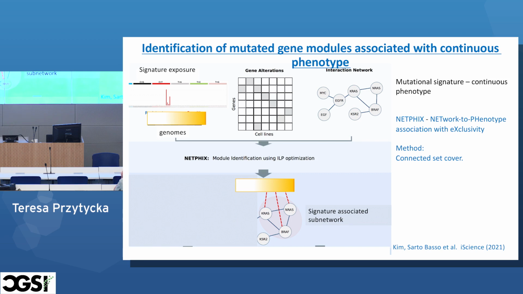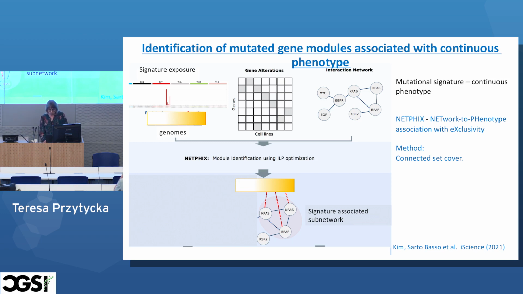We superimpose those mutations on the protein-protein interaction network, and our goal is really to identify a mutated subnetwork associated with a given phenotype. I'm not going to go too deeply into the method, but just to tell what sort of machinery we use here.